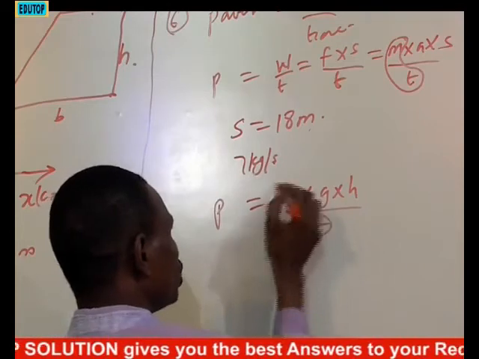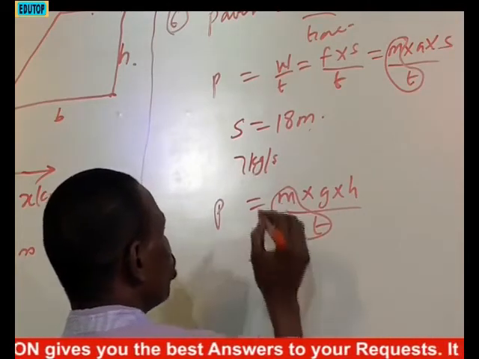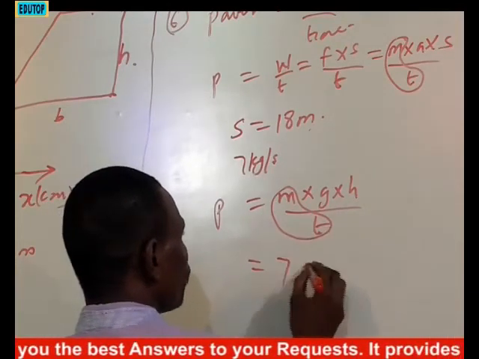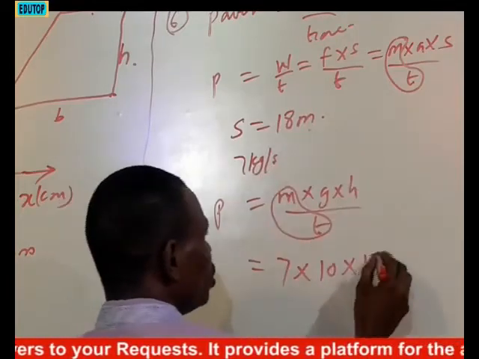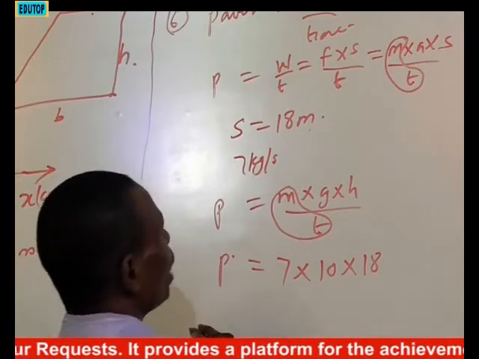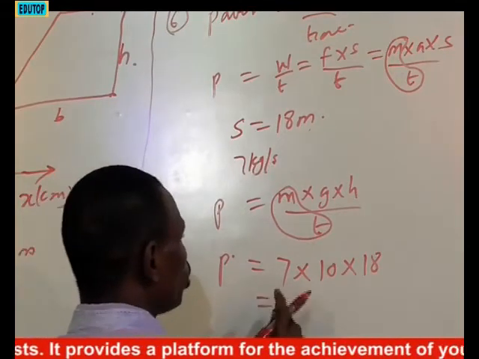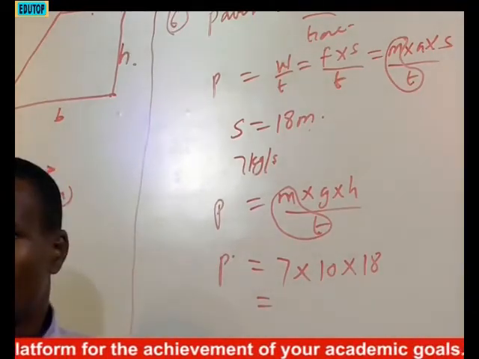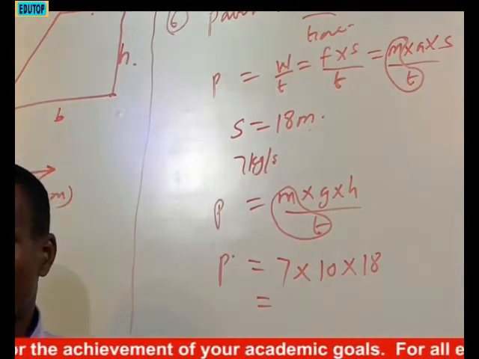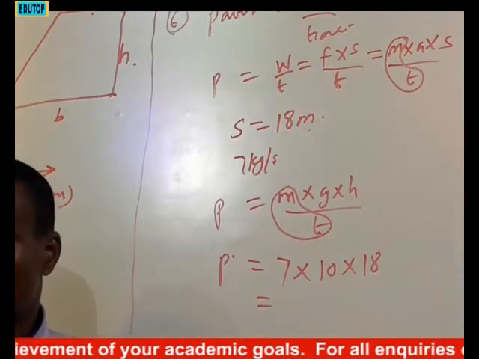We have taken the two quantities together, which is equal to 7 for this. Then your G is 10. We are given height 18. So we are going to multiply 7 by 10 by 18, and that will give us the power for question number 6.